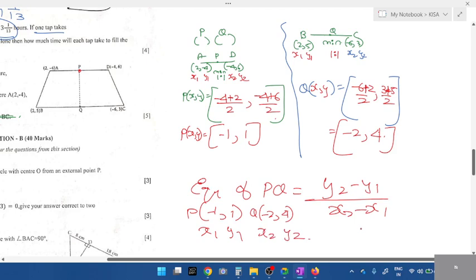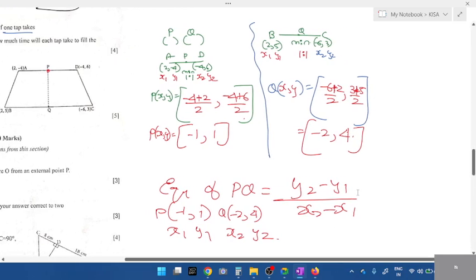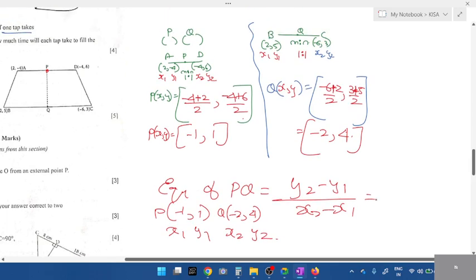Be quick, students. Y1 is minus. Yes, Tanish.